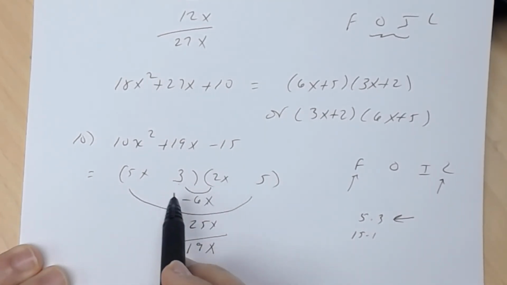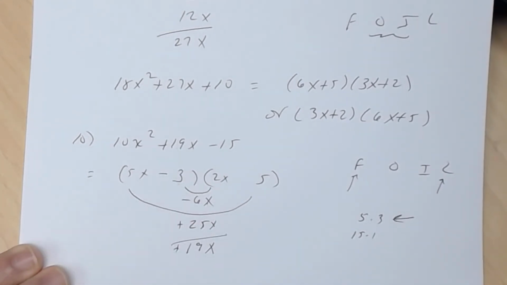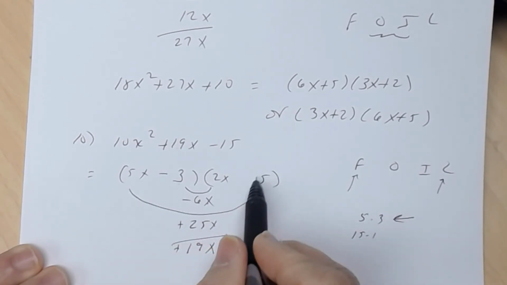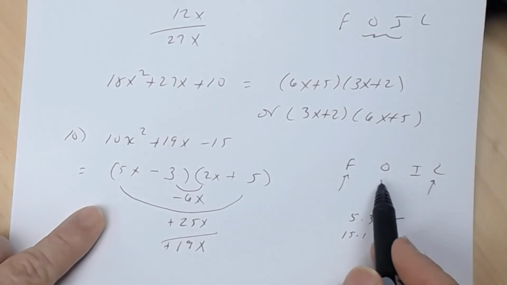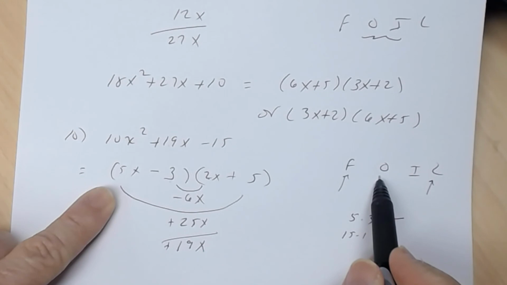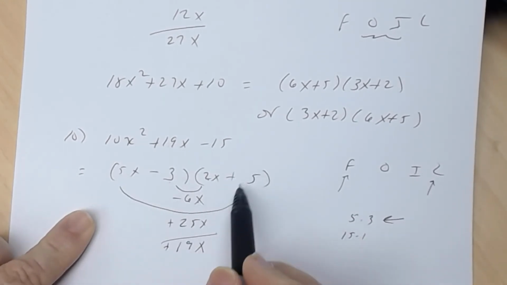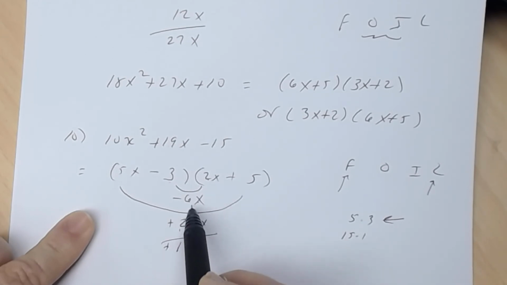All right, and so that means then is this. In order to get a negative 6x here, that means that this will have to be negative. And in order to get a positive 25x, that means that this has to be a positive 5. Okay, so before you go, always check. 5x times 2x is 10x squared. The outer, 5x times 5, is 25x. The inner, a negative 3 times 2x, is a negative 6x.